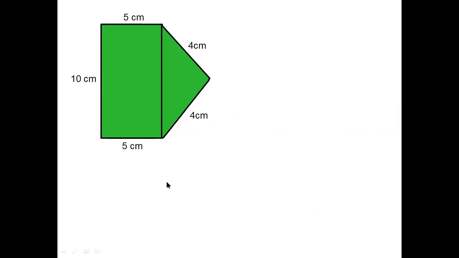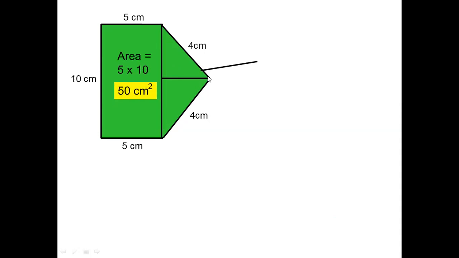If I have a shape like this, I'm going to divide it into a triangle and a rectangle. I have the two sides here, but I don't have the height. I have the base here is equal to 10 since it's a rectangle. So the first area will be 5 times 10, which is 50. What about the second area?